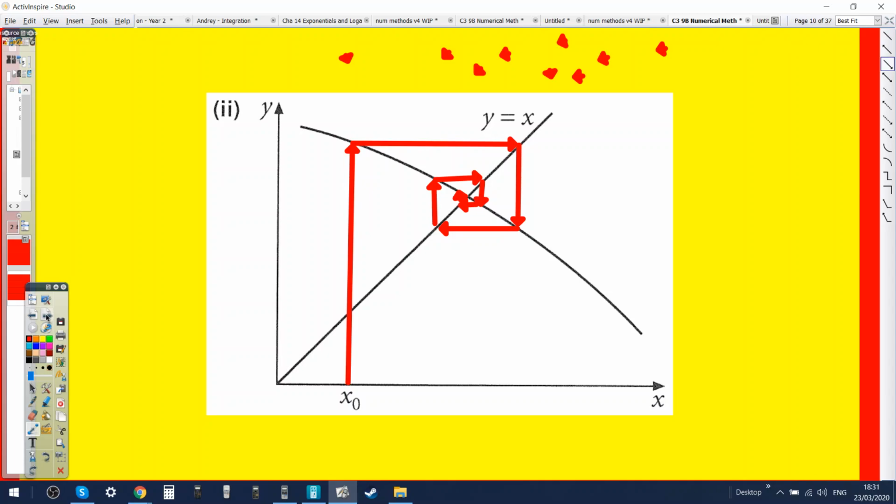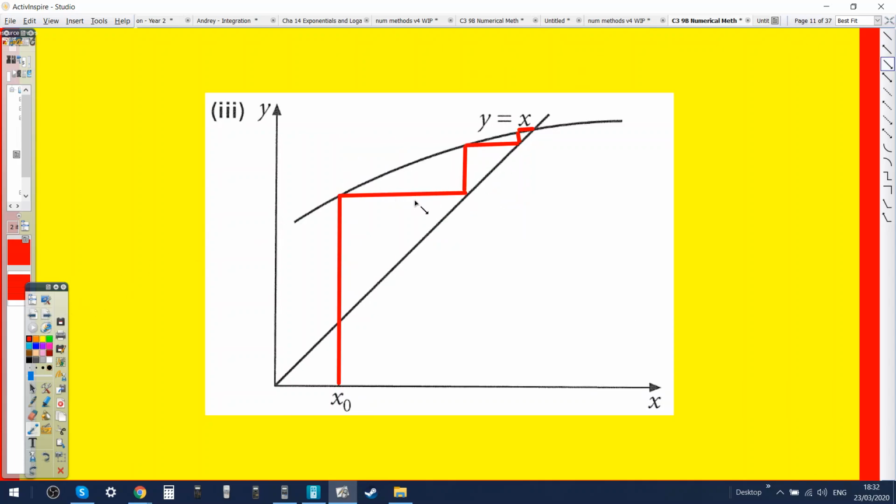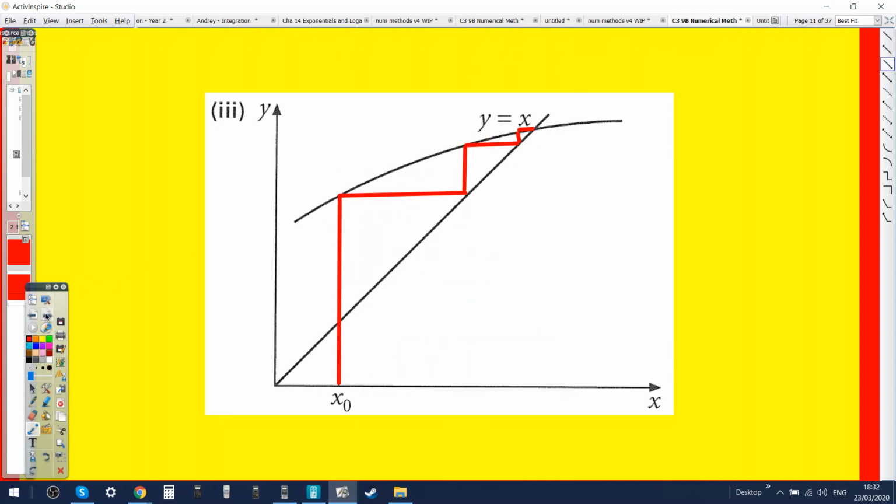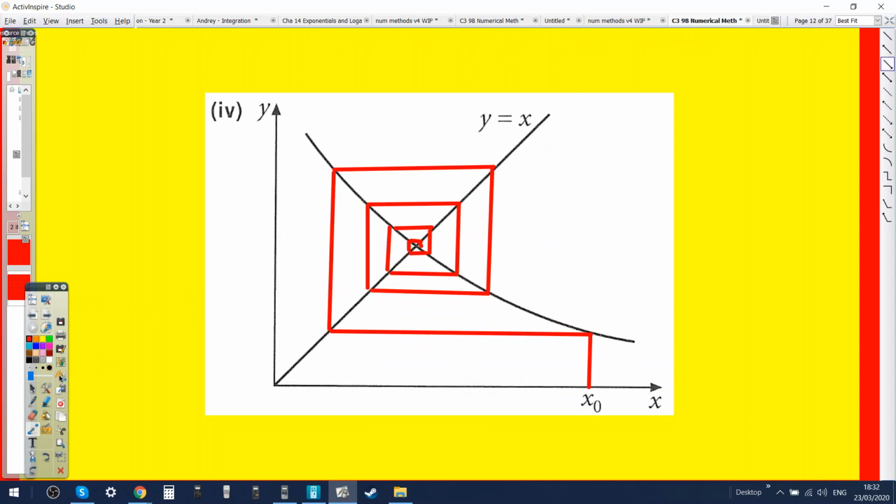Oh, so it always goes towards y equals x. So if it hits the curve, it always then goes to the line. It's always function, line, function, line, function, line. And it doesn't matter if it's on the same side of the curve or the other side of the curve. It always goes there. Because like here in cobweb, it goes across the curve, whereas here it stays inside.